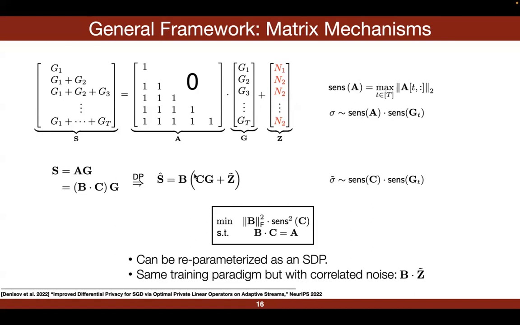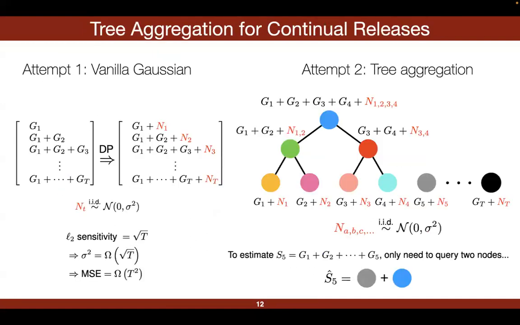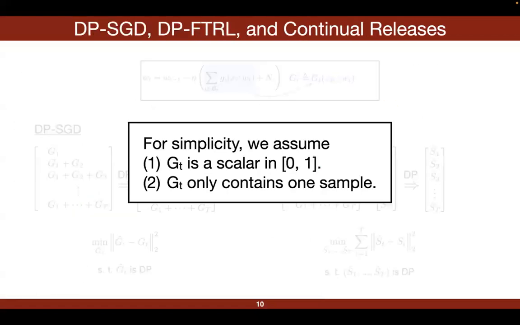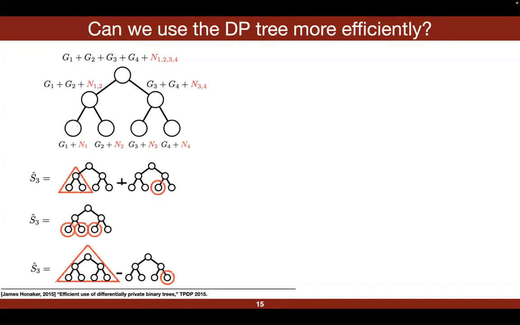Yes, you are right. Actually, in the DP literature, this type of problem has been studied for a long time. The first paper that systematically studied this tree aggregation approach is from 2015, several years ago.